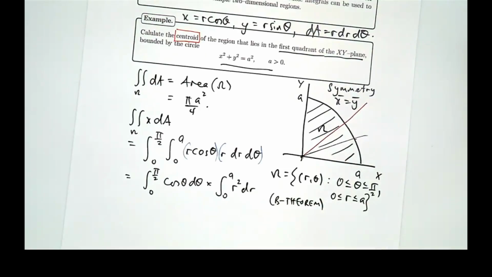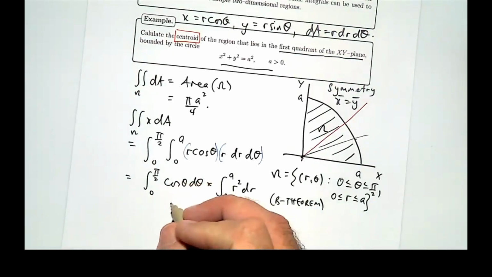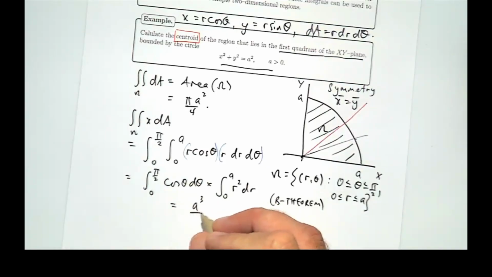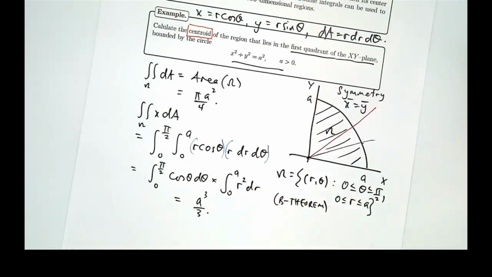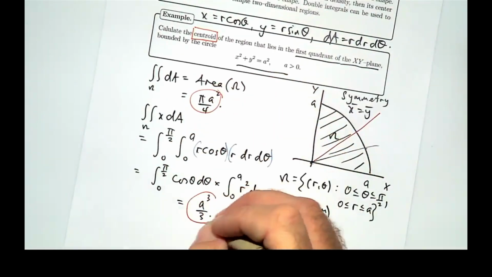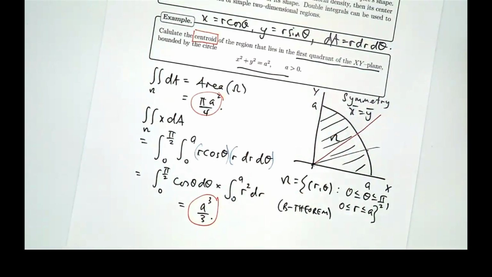Or it's easier. If you work it according to what I got, it's a cubed on three. All right, so we've got that, and we want to divide it into that. And then we know y bar is going to be the same as x bar.